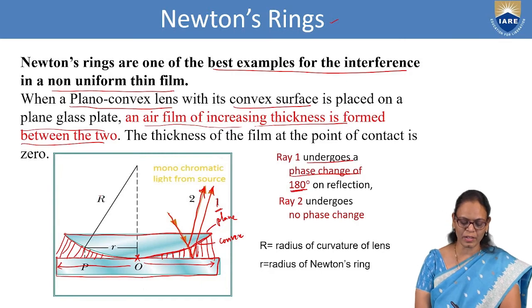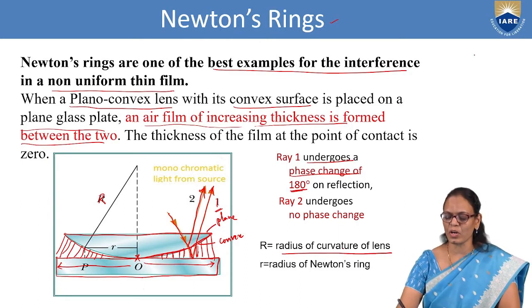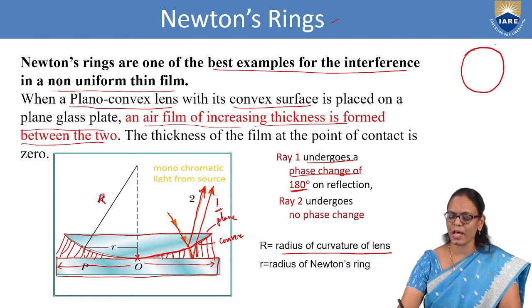And also here, capital R represents the radius of curvature of the lens. What is radius of curvature of the lens? When we are talking about a convex lens, suppose I am taking out this part. This forms a plano convex lens. Now, this lens is a part of a spherical surface.